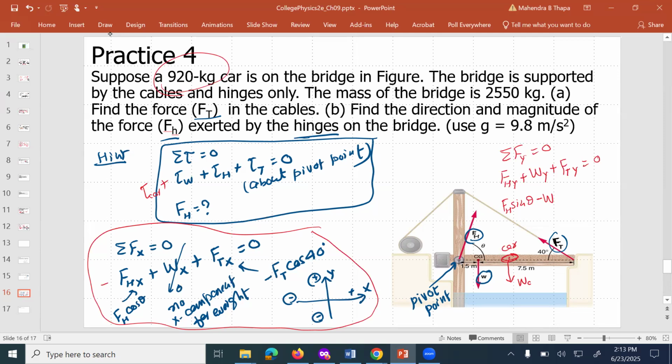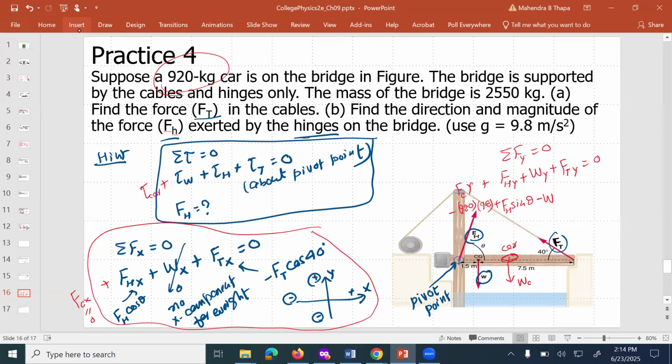So similarly, you have to add one more force of the car. Along the x-axis, because the weight will be vertically down, this also will be 0 in this case. So here we have to add force Fc component y. This is vertically down, so you have to add 920 times g, which is 9.8, right?